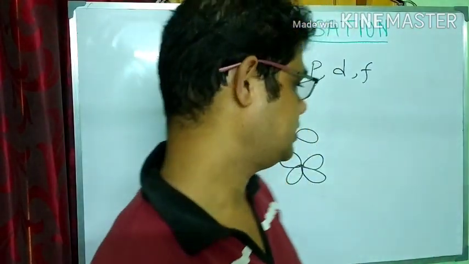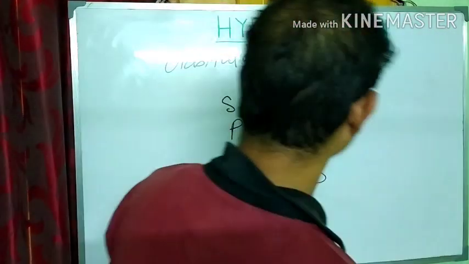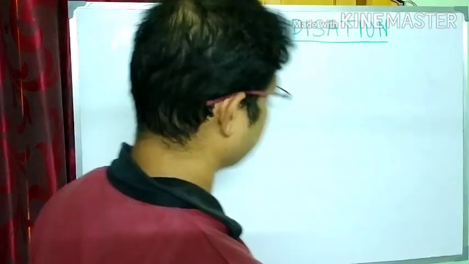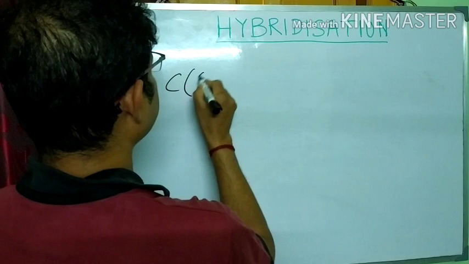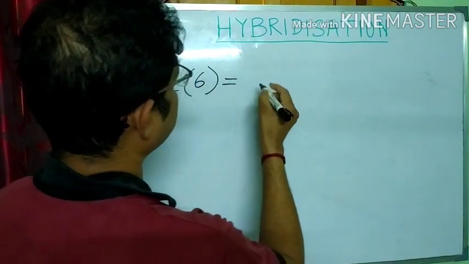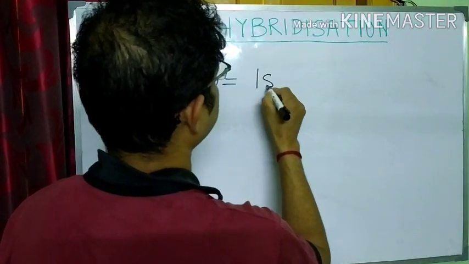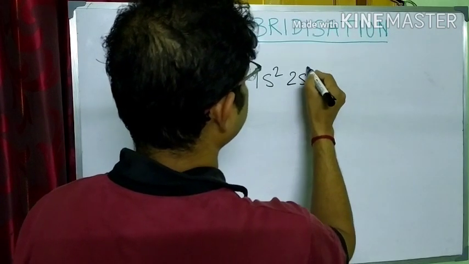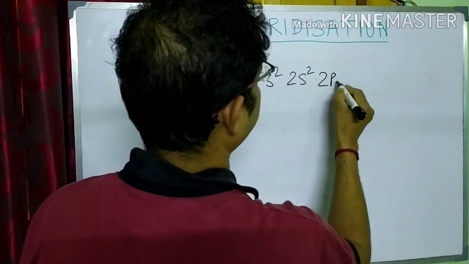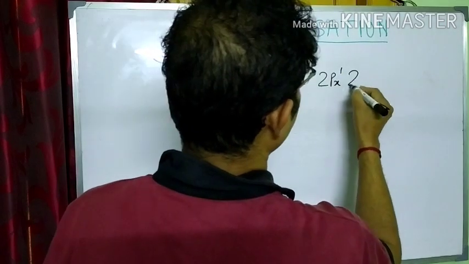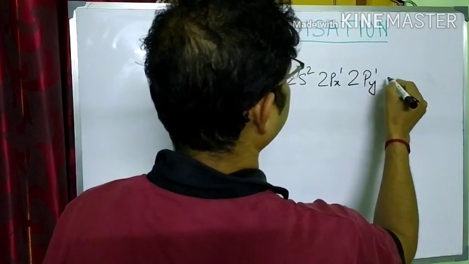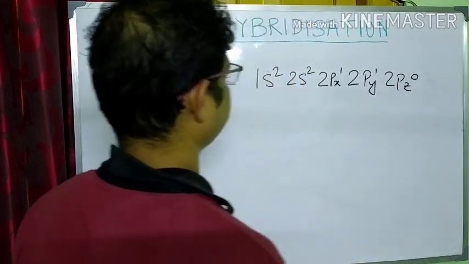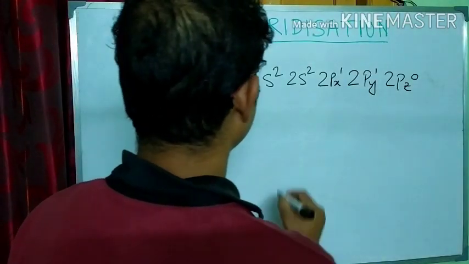Now we consider the electronic configuration of carbon. Carbon has 6 electrons. Its electronic configuration can be written as 1s2, 2s2, 2px1, 2py1, 2pz0 in the ground state.